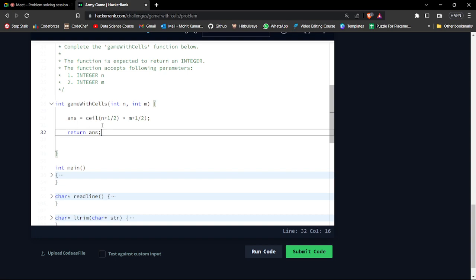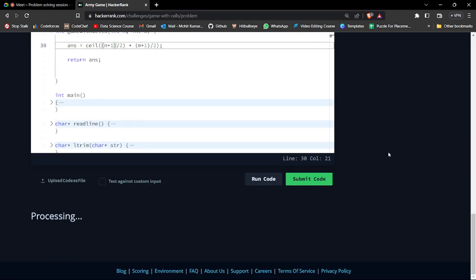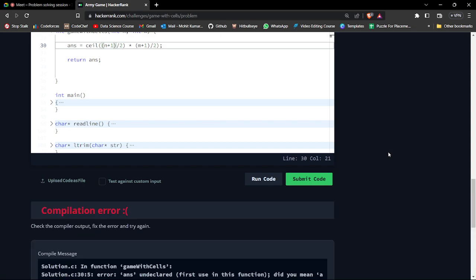Okay, so what I can observe from here is that I think we have used the same formula. All we need to do again is use a bracket here. We are doing it wrong actually. But let's just understand if we are getting the right answer or not.